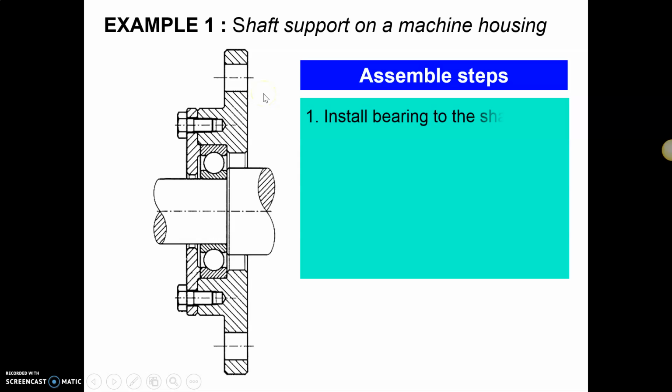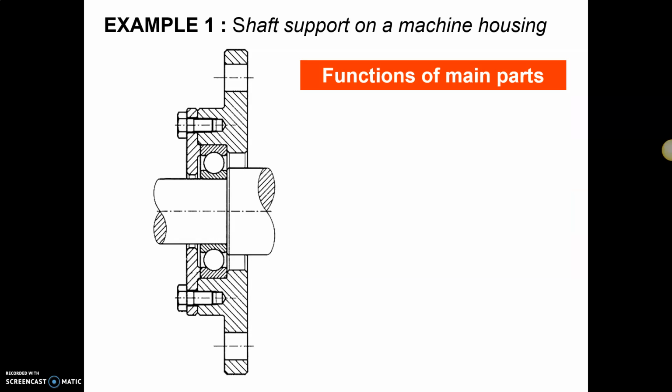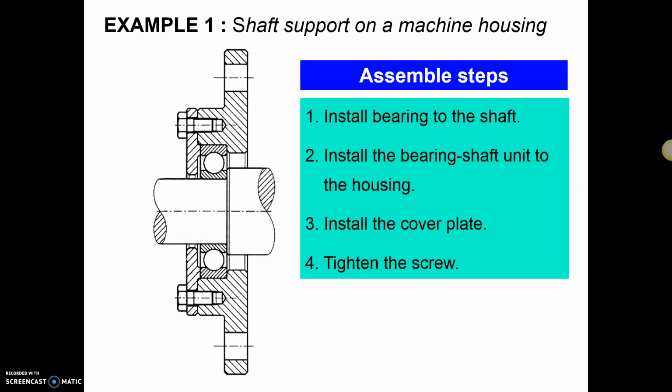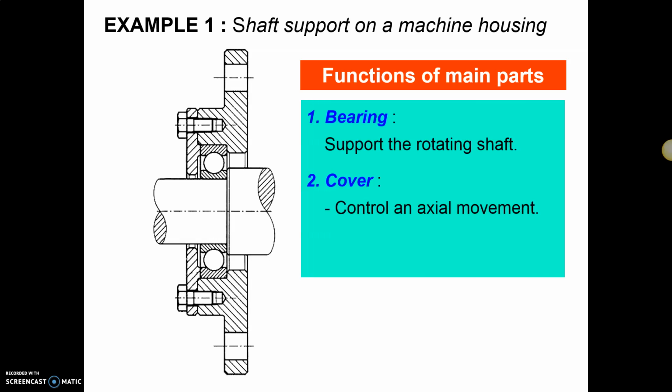The first step is to try to assemble step by step: install the shaft support on the machine housing, install the bearing to the shaft, and then install the bearing-shaft unit to the housing, install the cover plate, and tighten the screw. Okay, this is the assembly step. And then the function of the main parts: one is the bearing, and the cover.